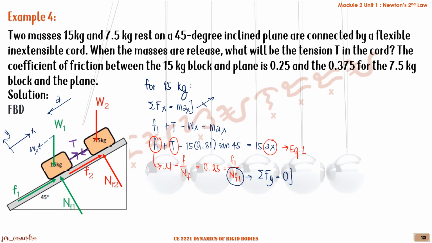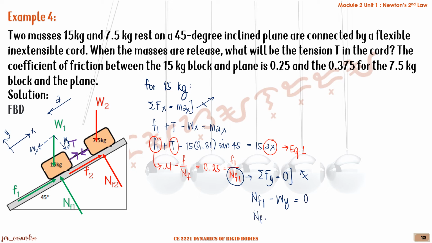So for our Fy, let's have this direction as our positive. So we'll have Fy is NF1 and then our W1, so minus W1. No other Y forces, so equal to 0.